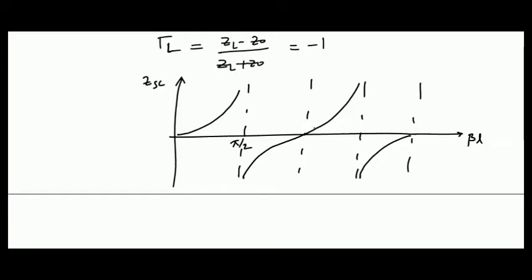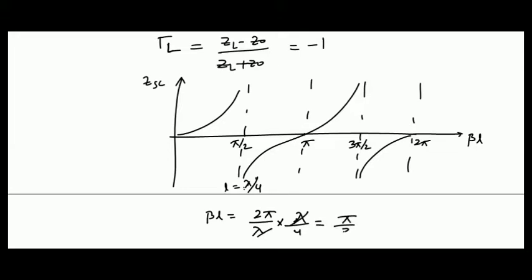This is pi by 2, this is pi, this is 3 pi by 2, and this is 2 pi. So beta L equal to pi by 2 means L is equal to lambda by 4, because beta is 2 pi by lambda, into L is lambda by 4, so the lambda gets cancelled. So this is pi by 2, L is lambda by 4. This is L equal to lambda by 2.